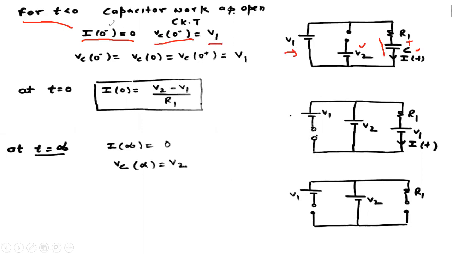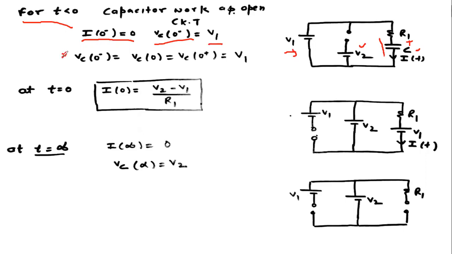Why are we representing 0 minus? Because this is the condition before t is less than 0, and we are assuming this is the 0 minus condition. The important point is that this is i(0 minus) and vC(0 minus), not i(0) and vC(0).